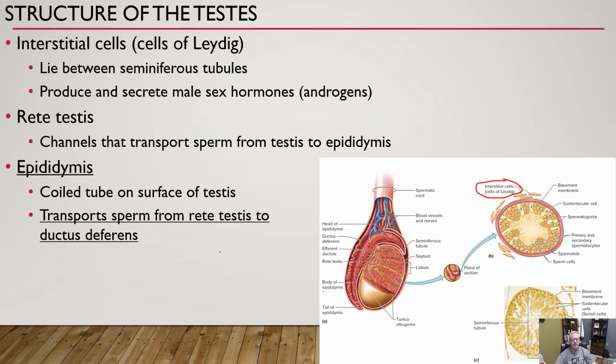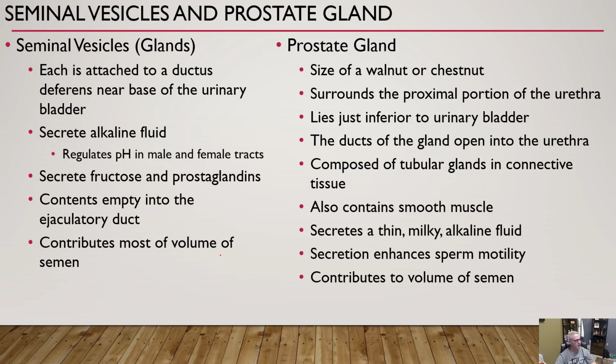It has a lot of connective tissue with some smooth muscle in it. It secretes another milky alkaline fluid, and it also enhances sperm motility, and it contributes to the volume of semen.